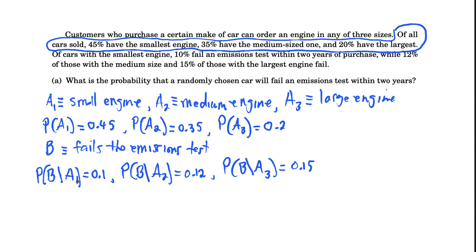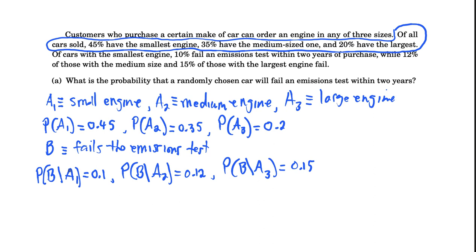So this is what we've done to convert that paragraph into probabilities and conditional probabilities. Now let's see what part A1 says. It says, what is the probability that a randomly chosen car will fail an emissions test, right? So much like that example that we did previously with the urn and the red and blue chips where you had 2 levels of randomness, it's the same thing here.